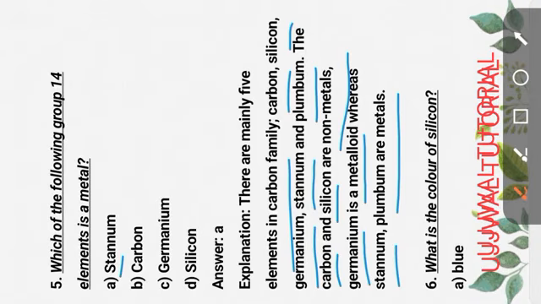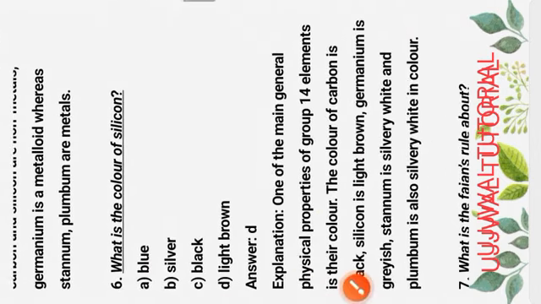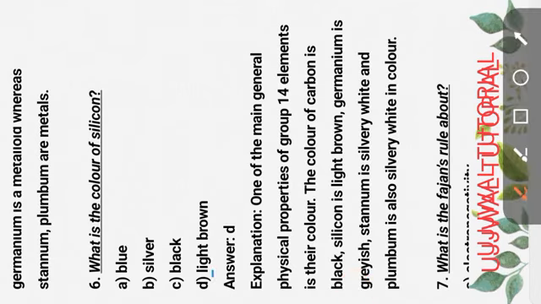Also a very important MCQ, question number 5. Next question, question number 6: what is the color of silicon? Option D, light brown. To explain, one of the main general physical properties of group 14 elements is their color.